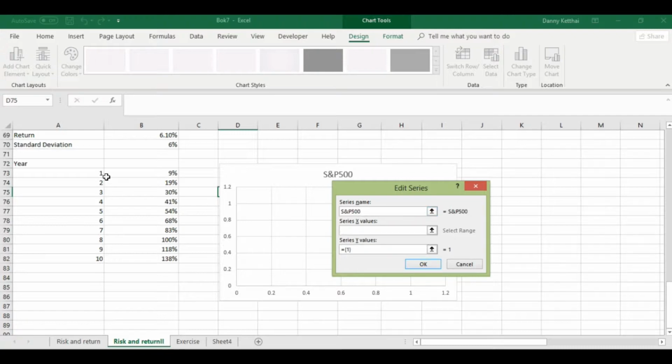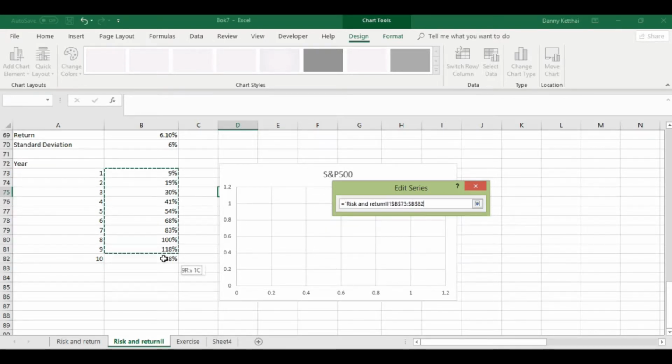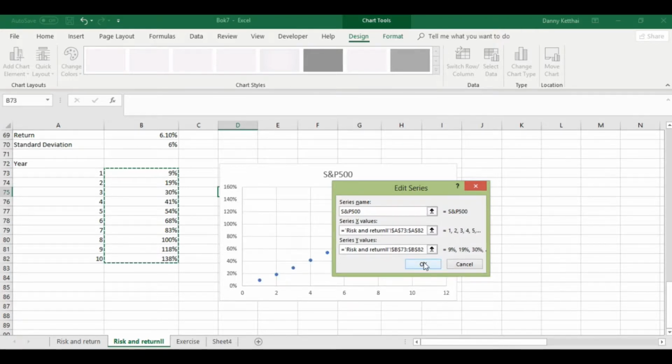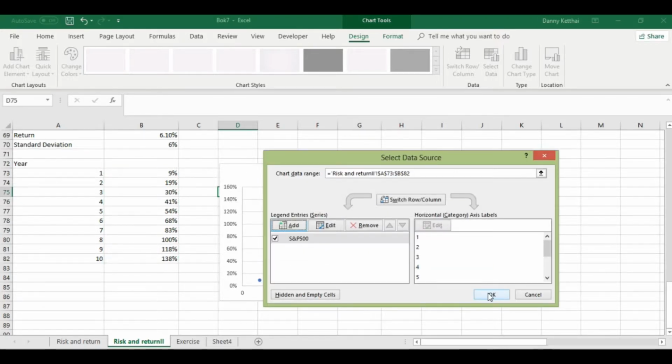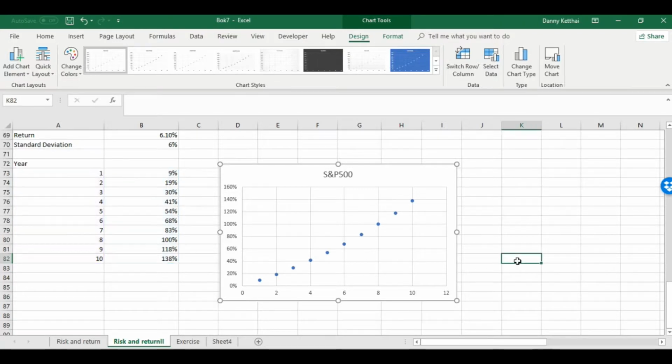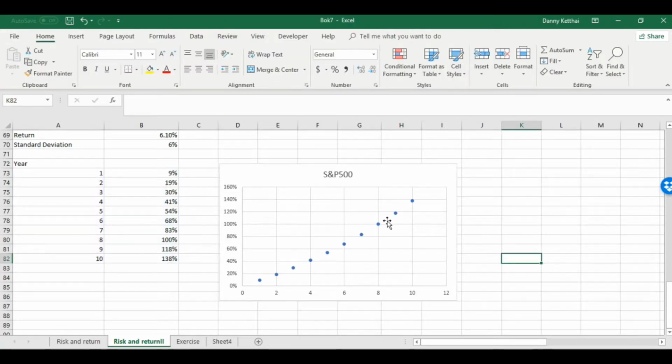The X value can be the year, the Y values will be the return. There. As you can see, the return keeps rising the longer you hold the investment.